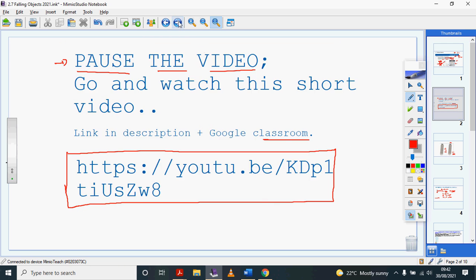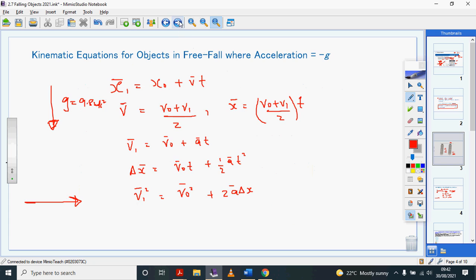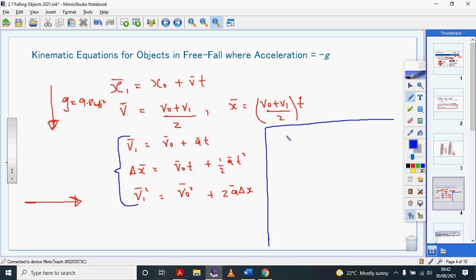And because of that, these equations of motion, which I told you are the same equations that apply for vertical motion, change. If we just replace acceleration with g and consider down as negative, then these three equations will become v1 is equal to v0 plus, instead of positive a, negative g.